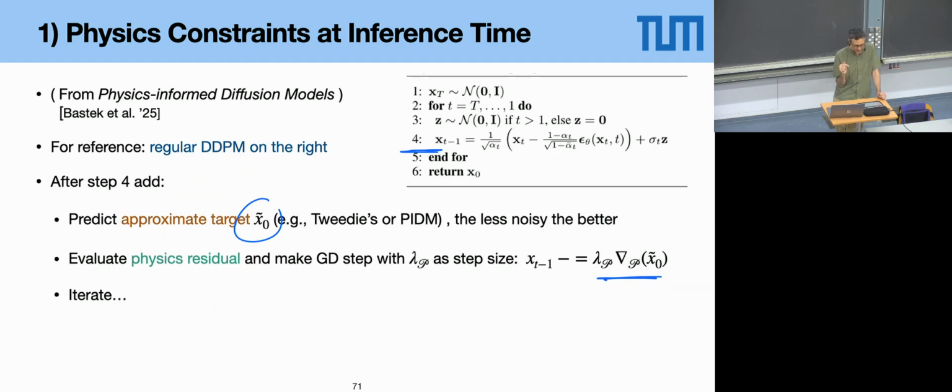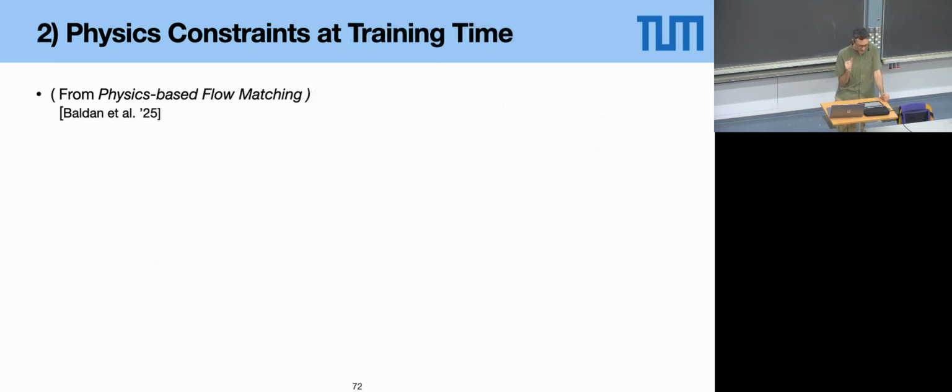What's a bit of a danger here is you're basically changing the directions of the steps of the denoising. You're basically pulling them towards the solution of your constraint. And this can actually modify the distribution of the values. So this is actually a paper from our group, where we came up with an alternative that does this at training time.